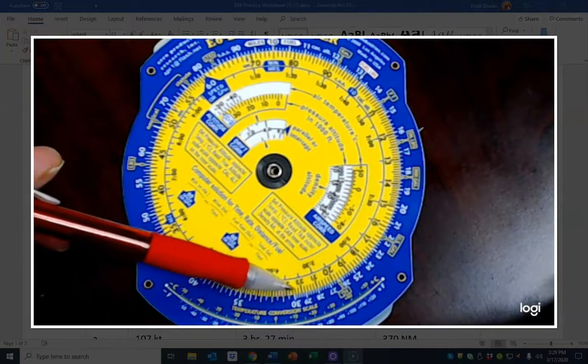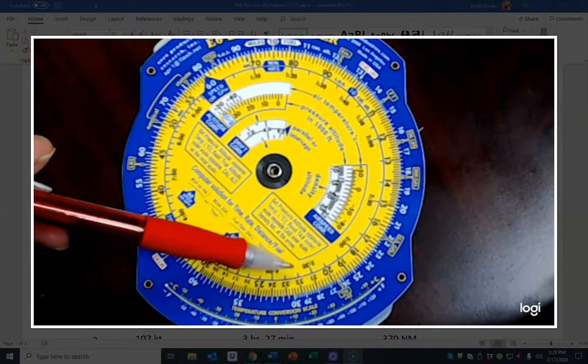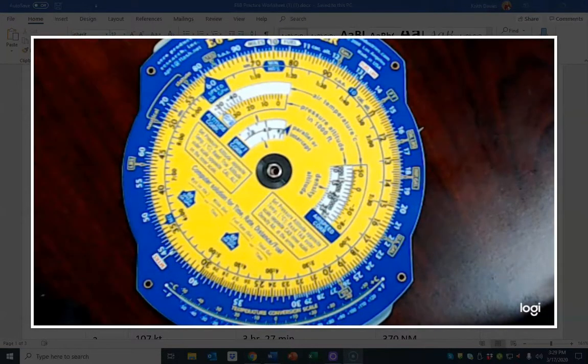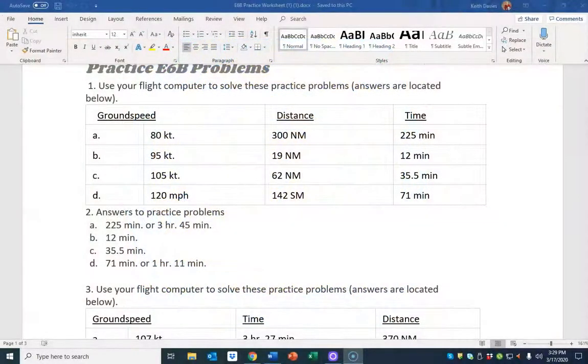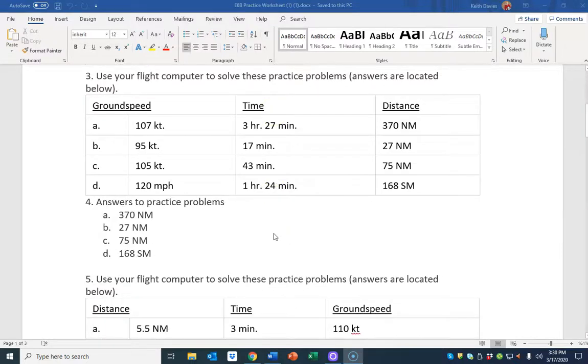So right here, right at 3 hours and 45 minutes. So that's how you do a speed, distance, time problem. Or it also turned out to be 225 minutes, or 3 hours and 45 minutes right here. Okay? Number two. That's how you do all those speed problems.